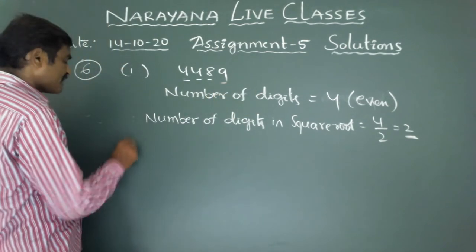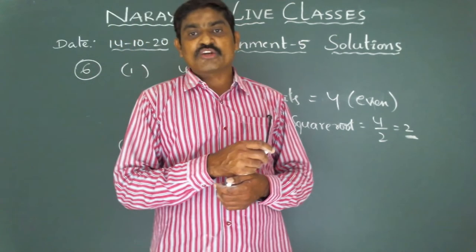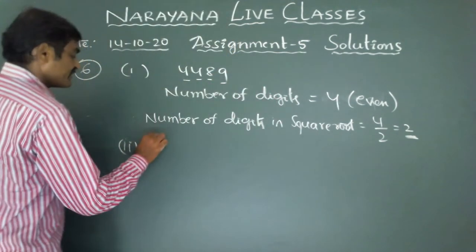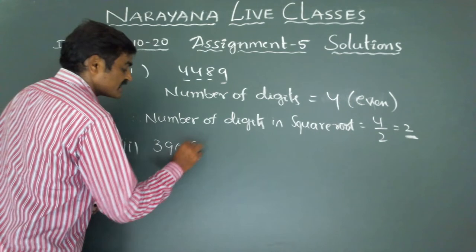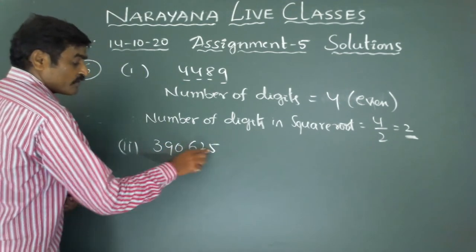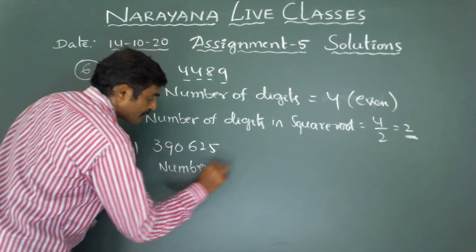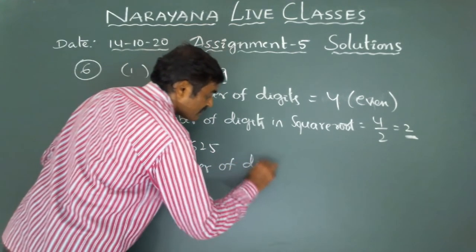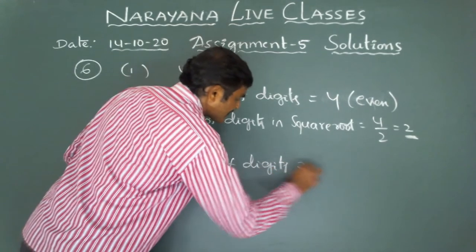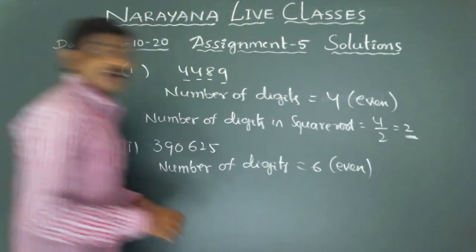In the same way, what is the second number given here? 390625. What is the number of digits in this number? We have 6 digits. So the number of digits is equal to 6, and 6 is an even number.